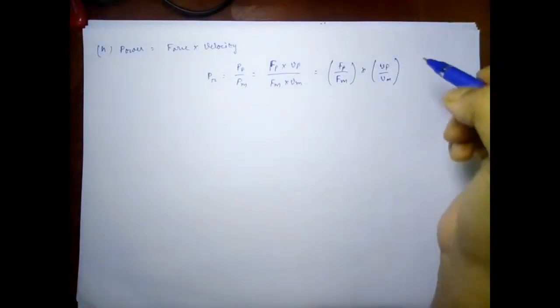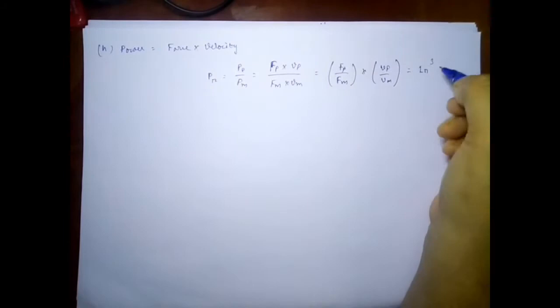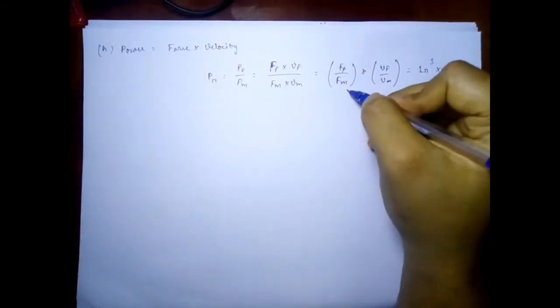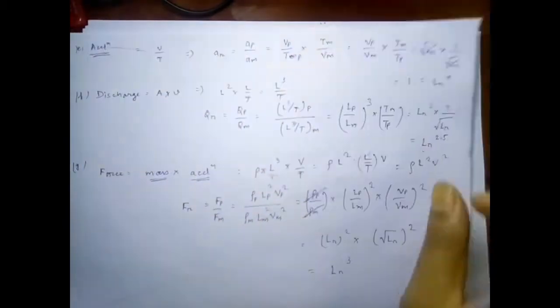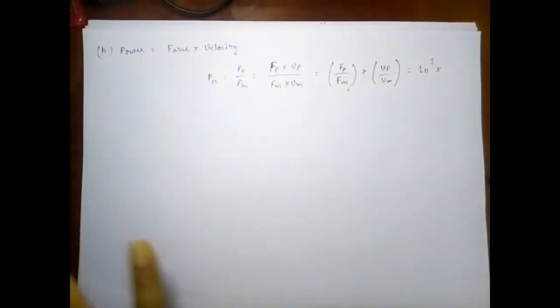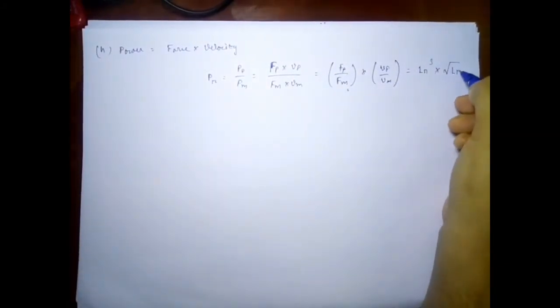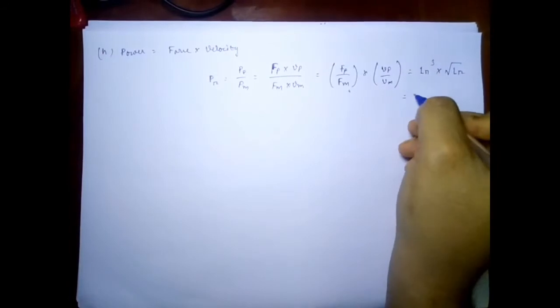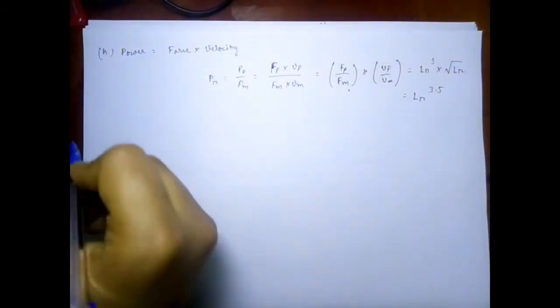So Fp upon Fm is actually Lr cube, and force ratio, we got it, Lr cube. It is Lr cube multiplied by Vp upon Vm, which is square root of Lr, and it is equal to Lr to the power 3.5.